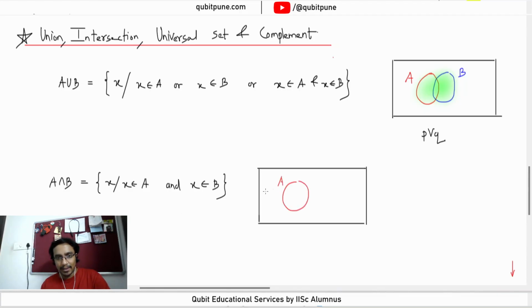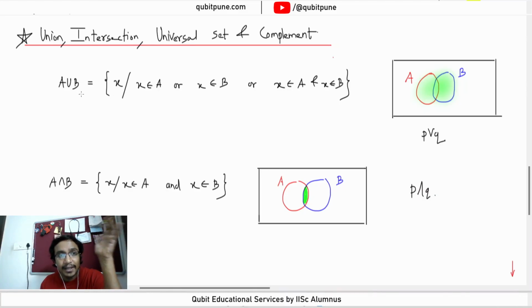This is A, this is B, and A intersection B is this set. Let me use a green marker here. Sorry, A intersection B. The corresponding equivalent thing in logic is P and Q. Now, when do things get complicated?